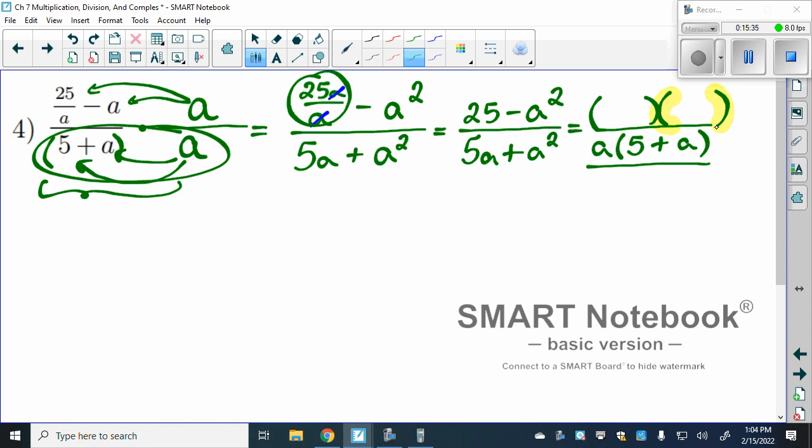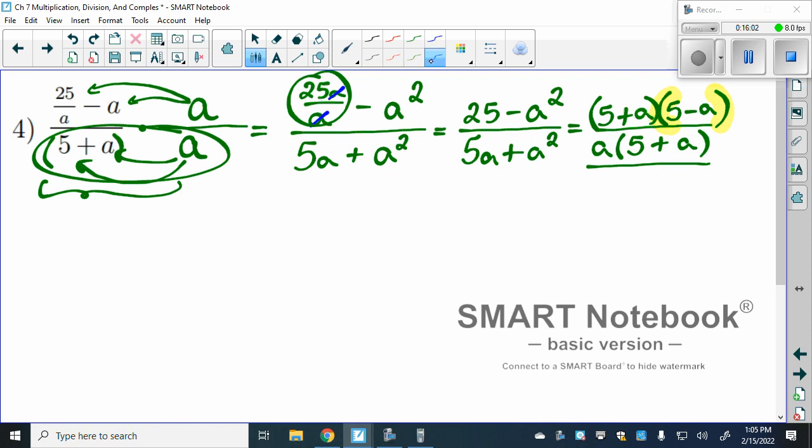Since 25 came first, we would put its factors first, which would be 5 and 5. The factors of a squared would be a, and we would use plus and minus. And again, that's kind of why the difference of perfect squares is nice, because no matter how it's set up, as long as the two terms are perfect squares and there's a subtraction in the middle, it'll always work.